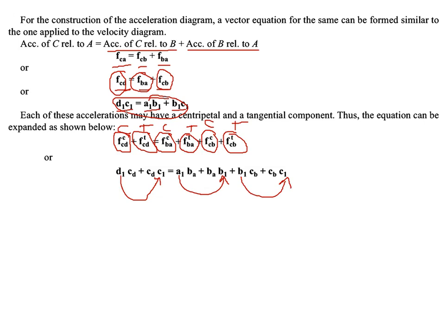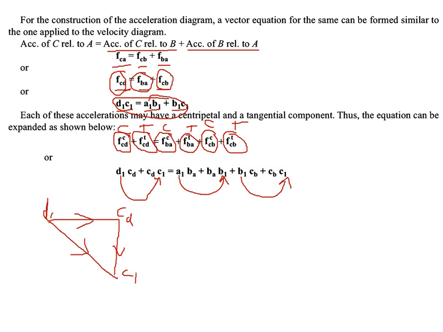So if you want to get one direction like this, suppose I want to get D1 to C1 only. If this is D1, to get C1, I have to first take CD and then take a perpendicular to this also. So I get C1 from CD, and then this is the resultant, D1 to C1.